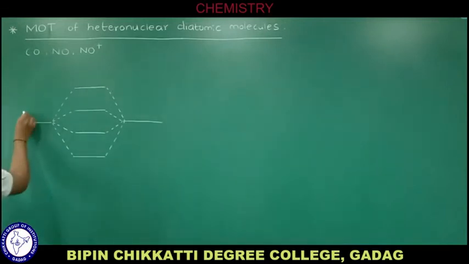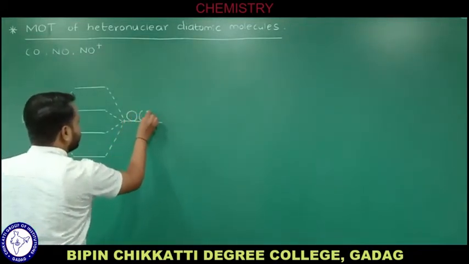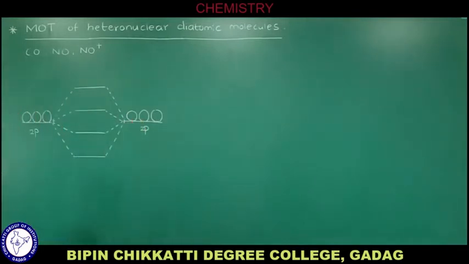These are the 3 of one 2p I consider, and 1, 2, 3 of the other 2p. These are the 2 different 2p atomic orbitals of the respective atoms.